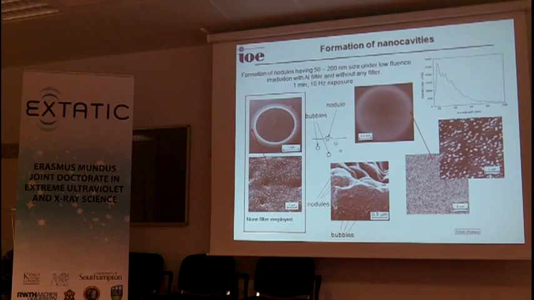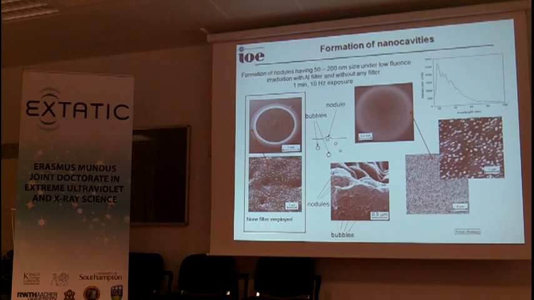An interesting new phenomenon was that we observed so-called nanocavities. They are visible on the surface of the irradiated polymer in the form of bubbles. But when we go inside the material, we see that these bubbles also exist inside the material.